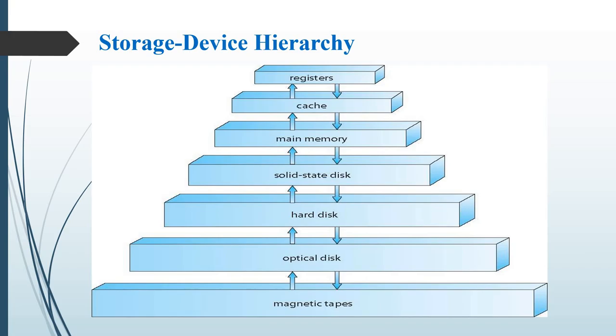The next one is the storage device hierarchy. From the diagram itself we know very well that it is listed capacity-wise. The registers have very small capacity, and then cache and main memory, solid state, hard disk, optical disk, and then magnetic tapes. When the storage capacity increases, the speed decreases.